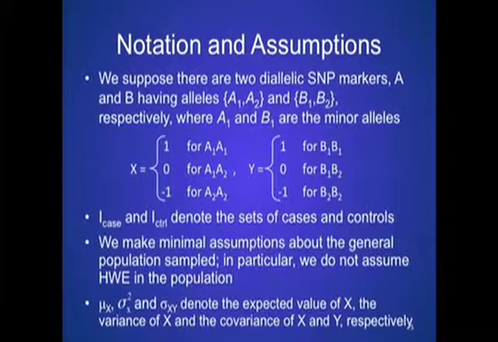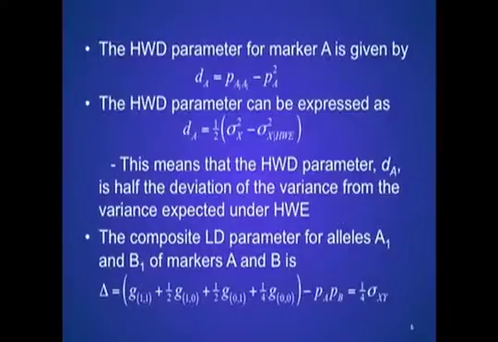So the parameter for Hardy-Weinberg disequilibrium is given by this thing. It's the probability somebody is AA minus the probability it would be if there were random mating, the two alleles A coming in together, squared. Very simple. That's the Hardy-Weinberg deviation parameter.